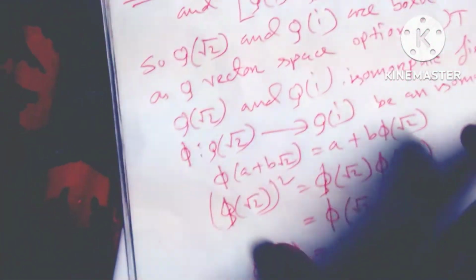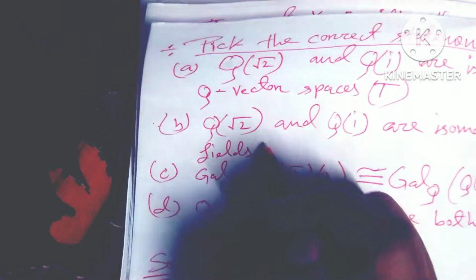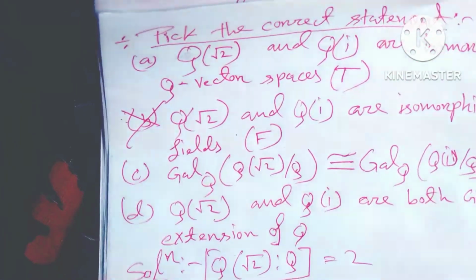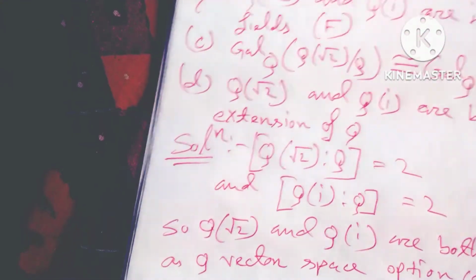So option B is false, because Q(root 2) and Q(i) being isomorphic as fields is not possible.